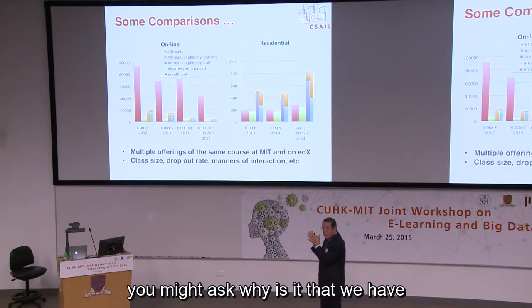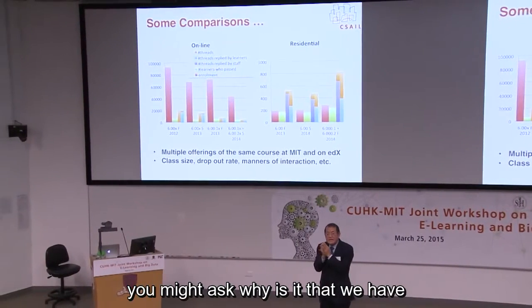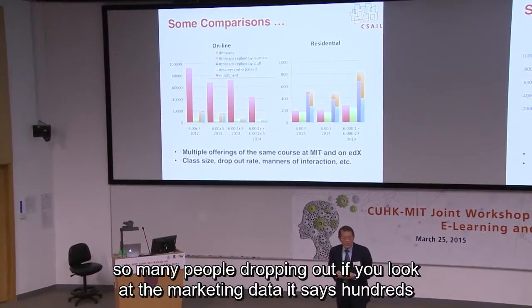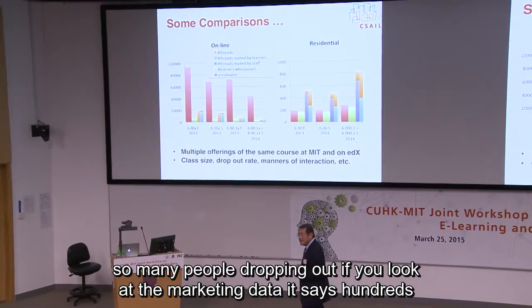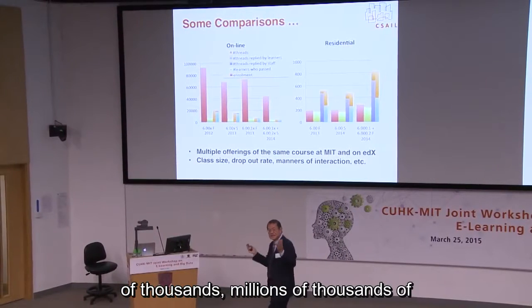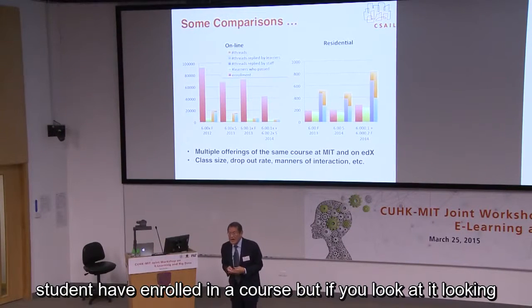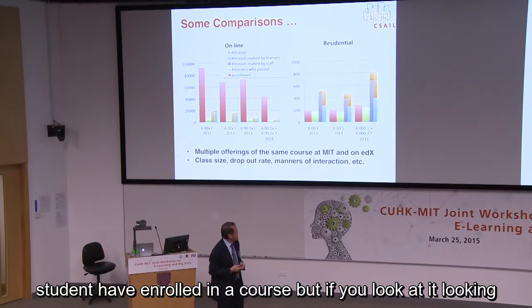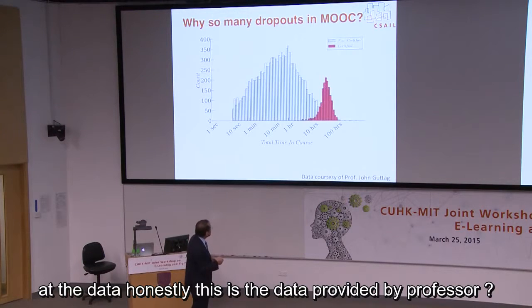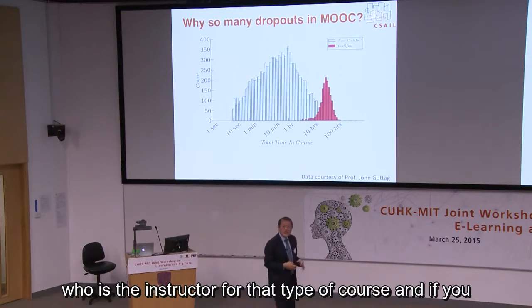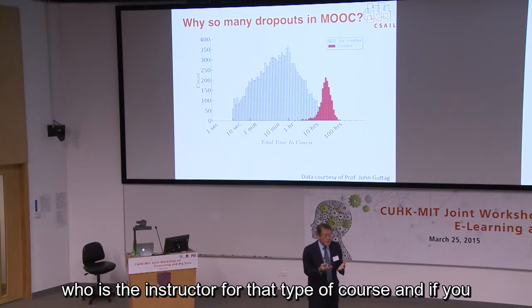You might ask, why is it that we have so many people dropping out? If you look at the marketing data, it says hundreds of thousands, millions of students have enrolled in a course. But if you look at the data, honestly, this is the data provided by Professor John Cuhk, who is the instructor for that Python course.